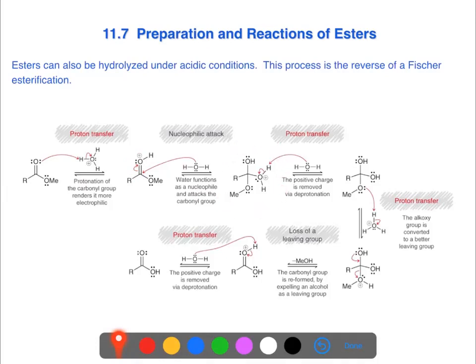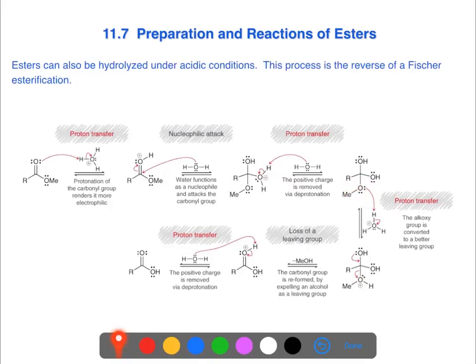Now the next 2 subsequent proton transfers is really to set up this particular group as a better leaving group. And so first we have a proton transfer which removes a proton from this oxonium, water acting as the proton acceptor to give us back the hydronium ion. That generates a neutral species, which is then protonated using the hydronium again to form a protonated oxonium at that location.